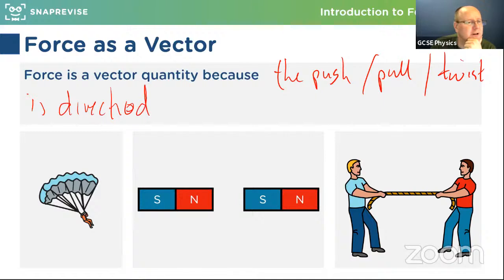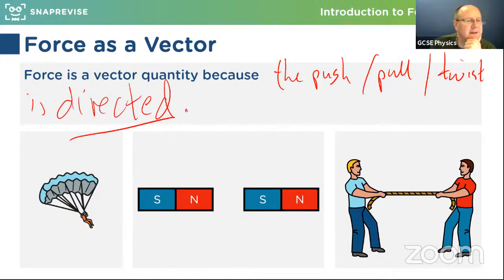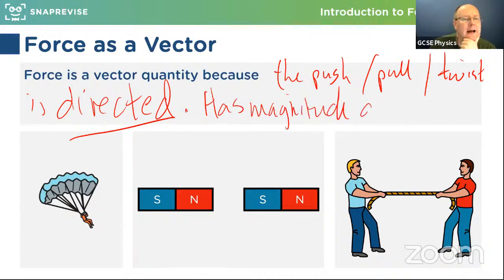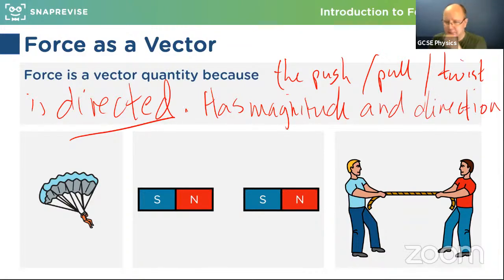It has magnitude and direction. You couldn't really describe a force unless you gave a direction. It'd be quite hard to describe a force to somebody else without both direction and magnitude.